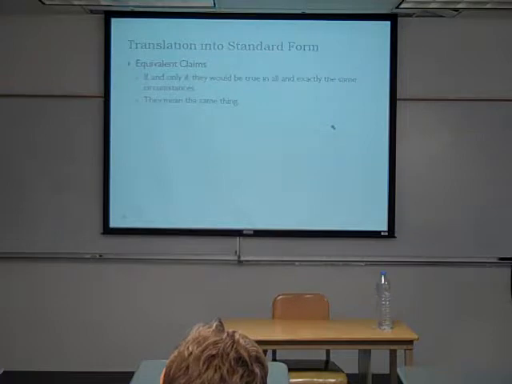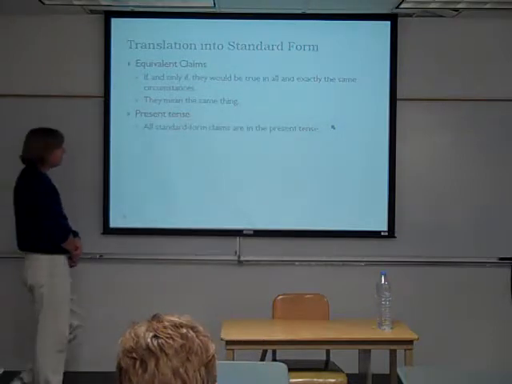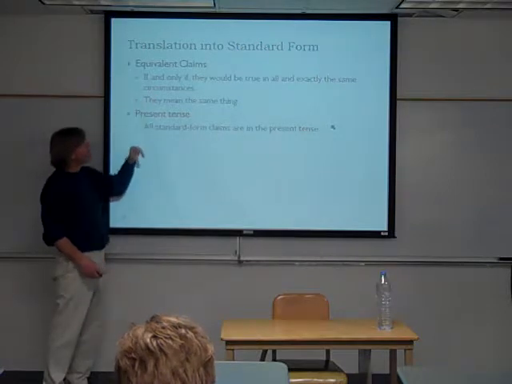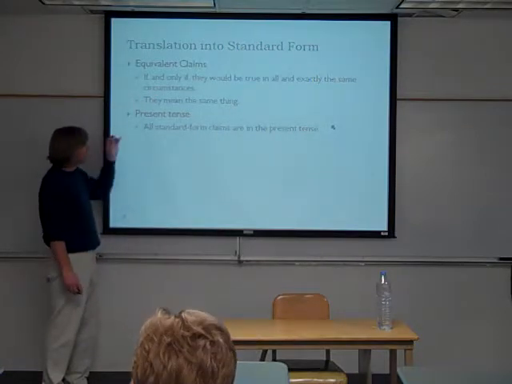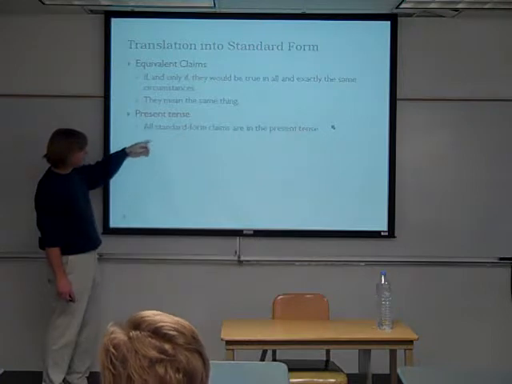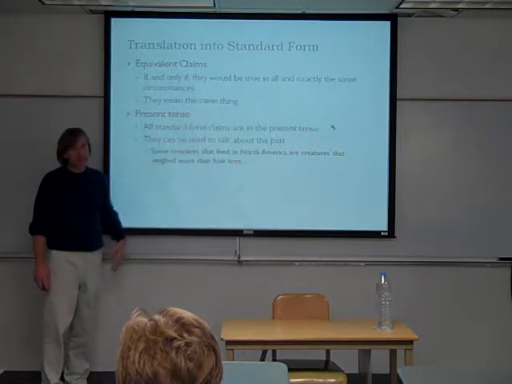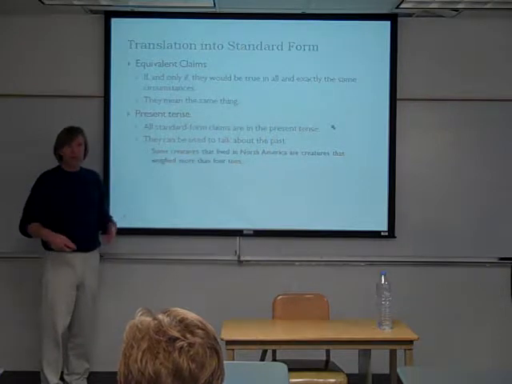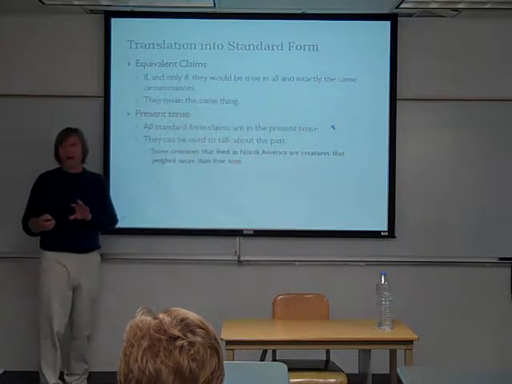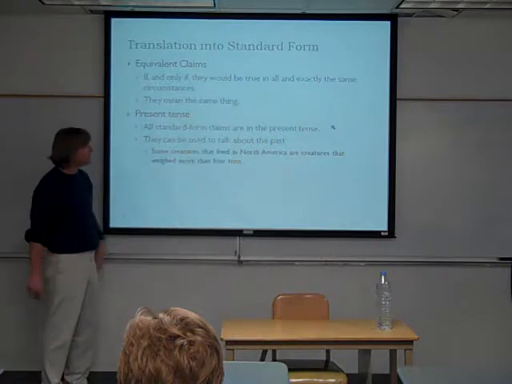If they're equivalent, they mean the same thing, essentially. And all standard form propositions, claims, are going to be in the present tense. Now, you can actually talk about the past when you do this, but you're always going to do it, oddly, in the present tense. Here's an example.